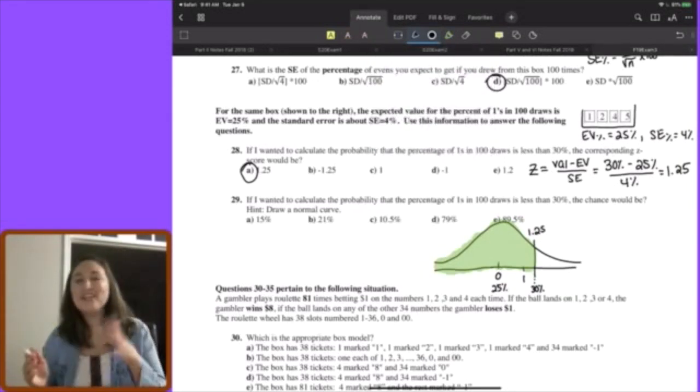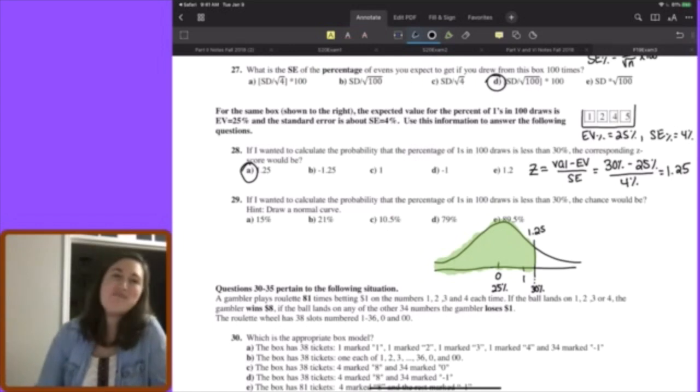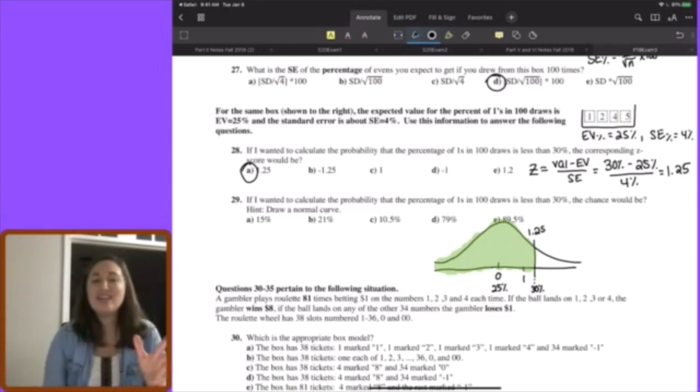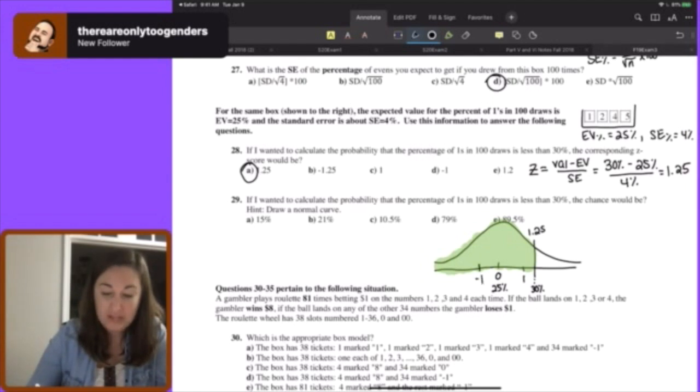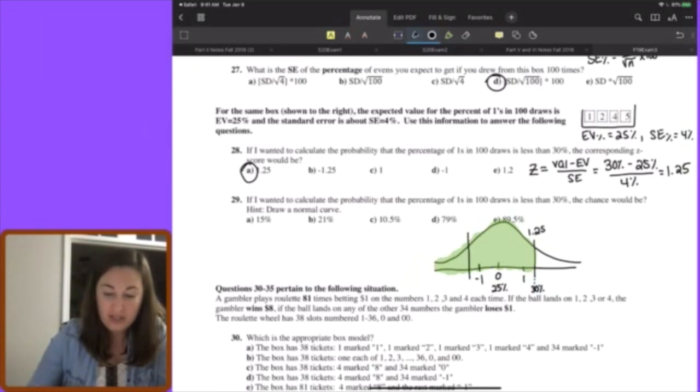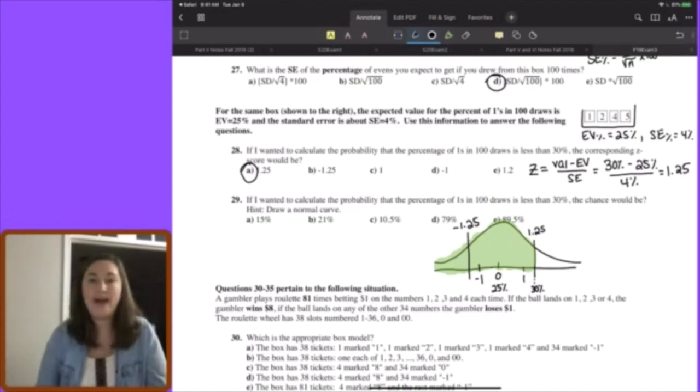Okay, so we've done the normal curve on exam 1, exam 2. Hopefully this should look familiar. If you need to find an area on the normal curve, we know that we can look up the z-score. We can look up 1.25, and that will give me the middle area between negative 1.25 and positive 1.25.